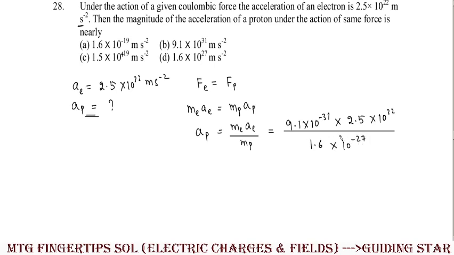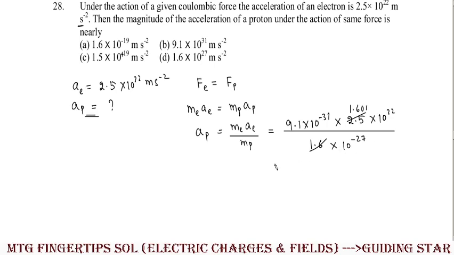So in this particular case, approximately, 16 into 16 is 256, so we can take it approximately 1.61 or 1.601, something like this.